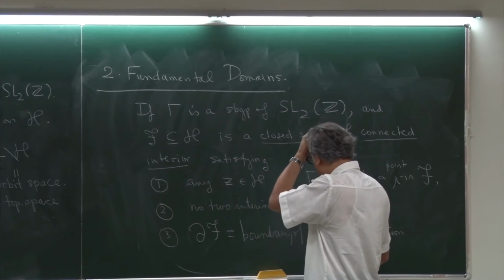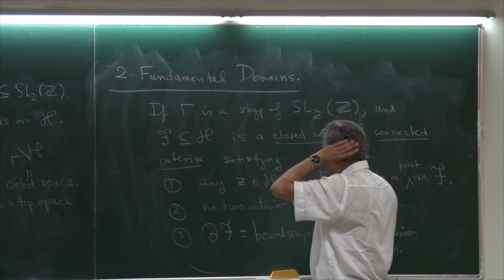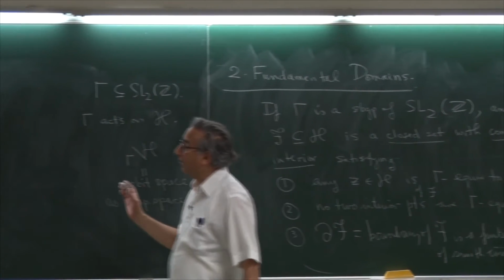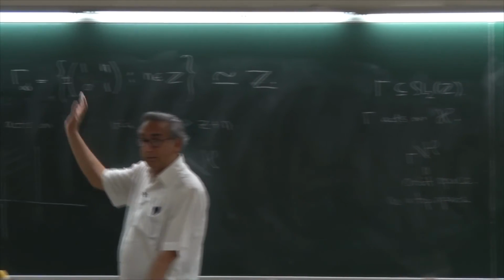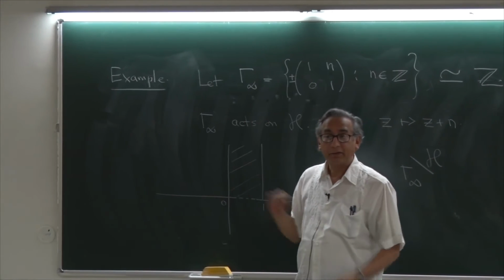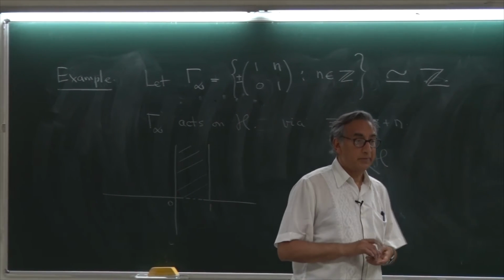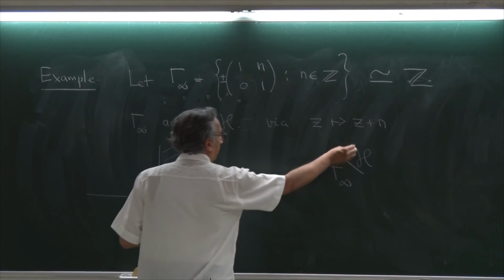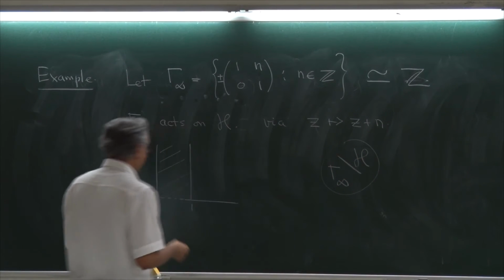The boundary is just two lines, certainly smooth curves. No two interior points are equivalent, and any point in the upper half plane can, after suitable shifts, be brought into this region. So this is a very simple description of a fundamental domain. Obviously, it's not unique.